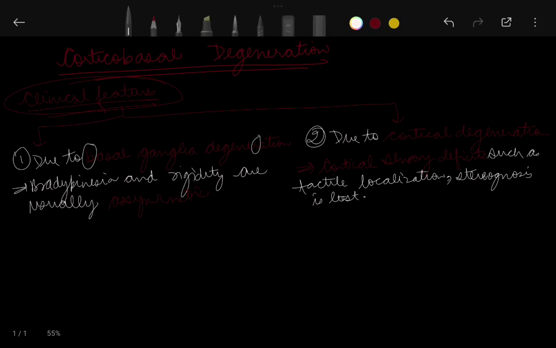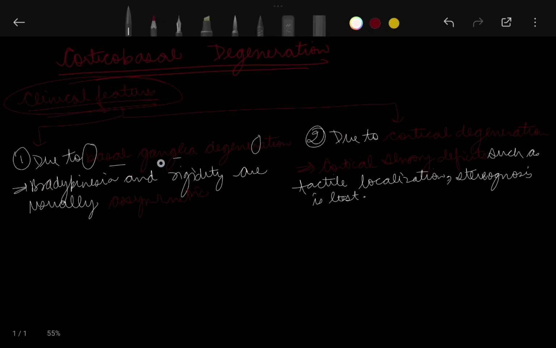In tactile localization, we touch any part of the body, and the person is told to locate where they were touched. In stereognosis, the person is handed any random object and told to identify it by touch alone, with eyes closed.